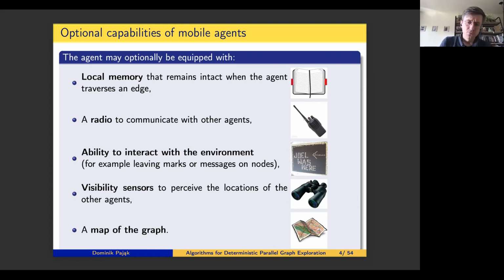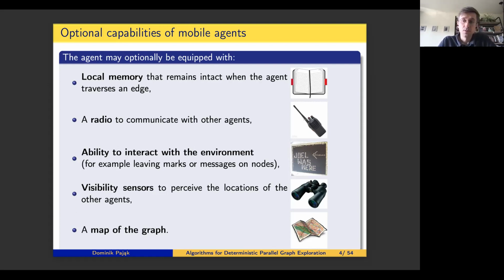And the last two features are perhaps not so commonly analyzed in the context of graph exploration. So the visibility, meaning that they have some radius of vision and they can see, for example, the locations of other agents if they are nearby. And finally, you can think about having a map of the graph, so knowing the topology.